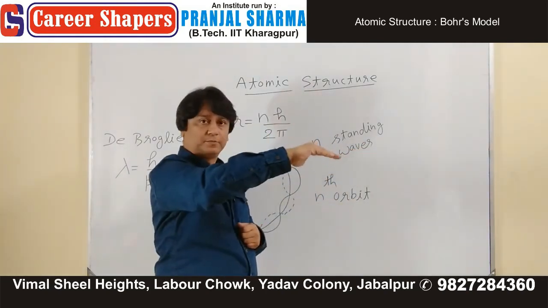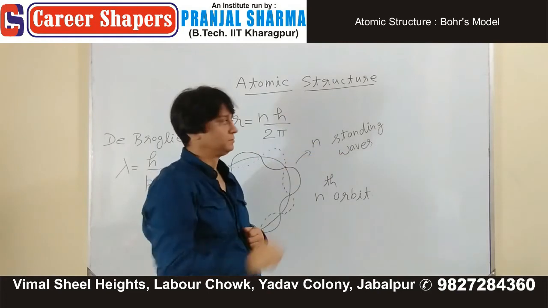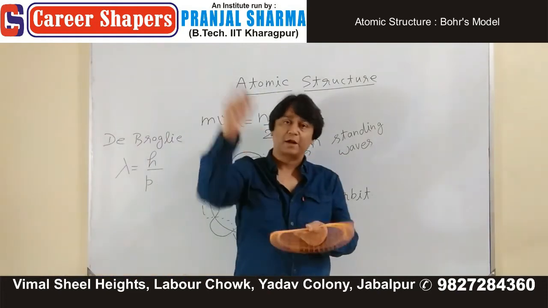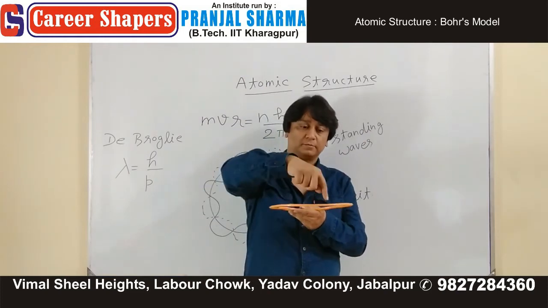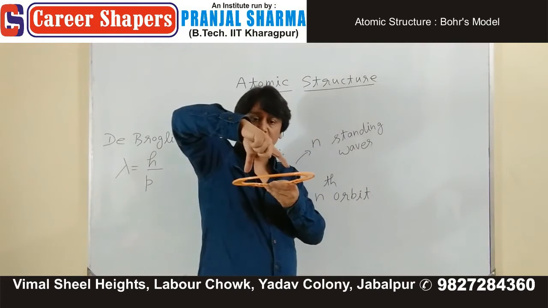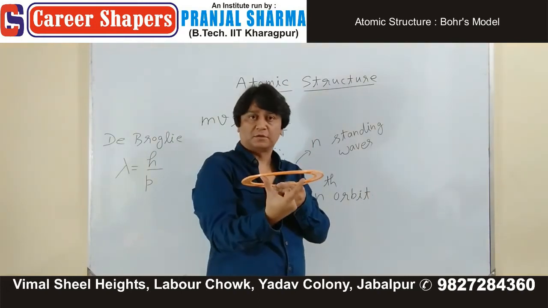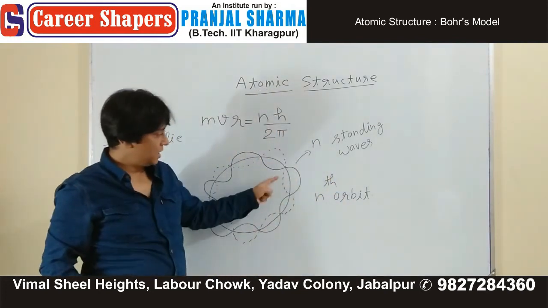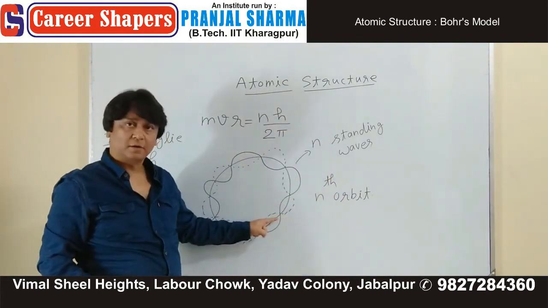The same oscillations the electron is producing according to Bohr's concept, and these oscillations are this, and then this, and then this, which is shown by the broken line.